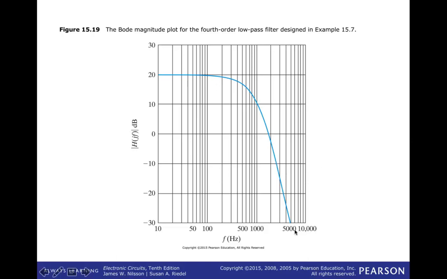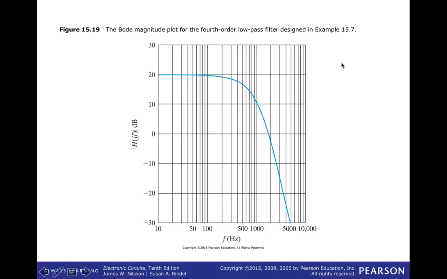So it's kind of hard to tell how many dB per decade this slope is just from looking at this particular graph. One thing to keep in mind is if you are doing Bode plots and you want to look at attenuation in the transition band, be sure your plot covers enough so that you can fully see how many dB per decade. Sometimes on exams, rather than asking you to draw a Bode plot, I might give you a Bode plot that looks like this and ask you what the filter order is.